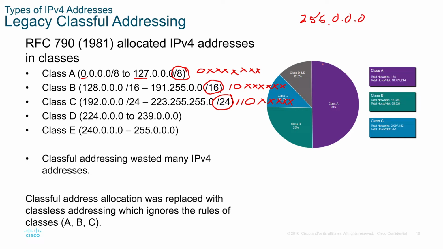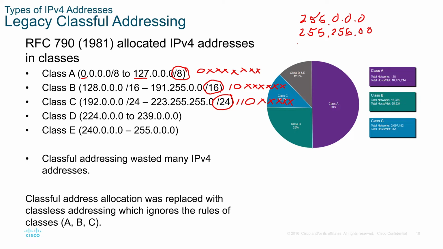Class B's at a /16 start with 255.255.0.0.